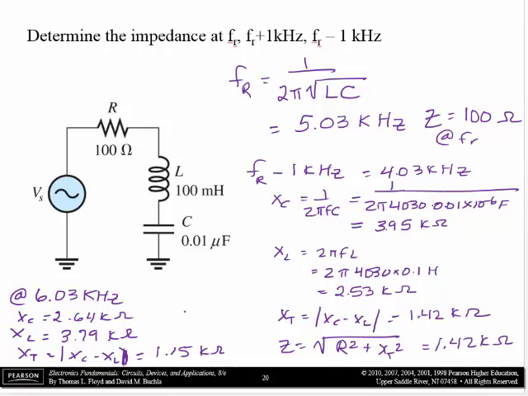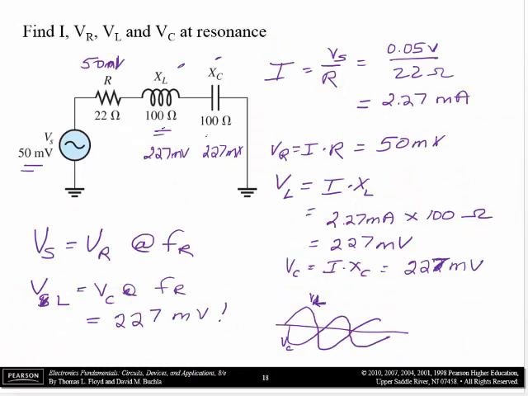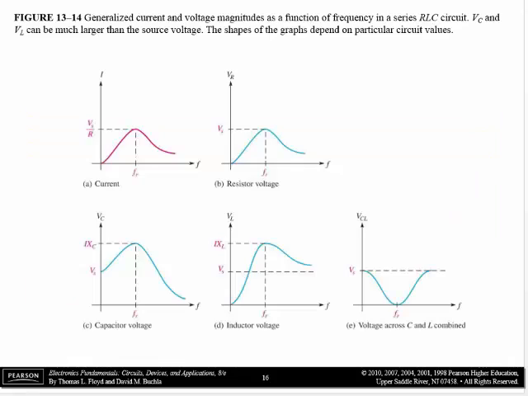One of the things to note about that: X total 1 kilohertz below was 1.42 k ohms, and X total above the resonant frequency was 1.15 k ohms. So it's not perfectly symmetric behavior about the resonant frequency, which is what an earlier slide showed.